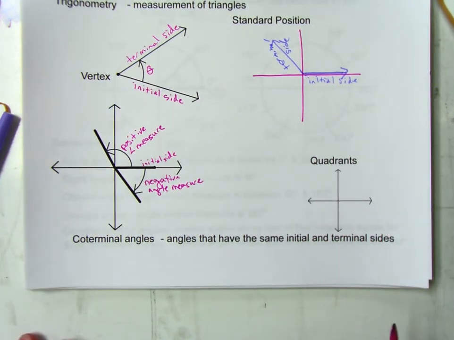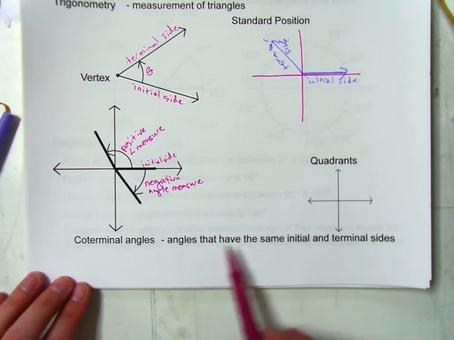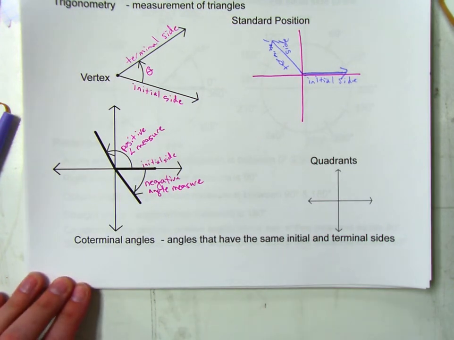So this leads us to having multiple ways that I could name a single angle. These multiple ways are called coterminal angles. They are the angles that have the same initial and terminal sides.